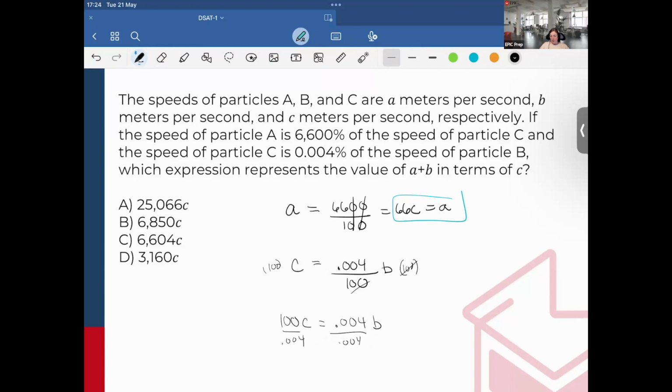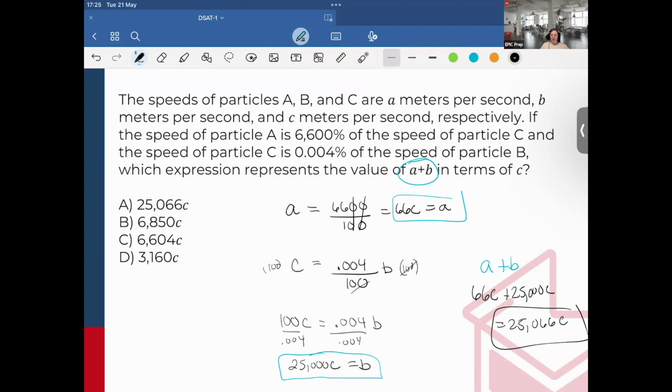And that will give me 25,000C is equal to B. Okay, and then I have my A and B value, and I'm asked for A plus B. So A plus B will be 66C plus 25,000C, which is 25,066C, which again looks like answer choice A.